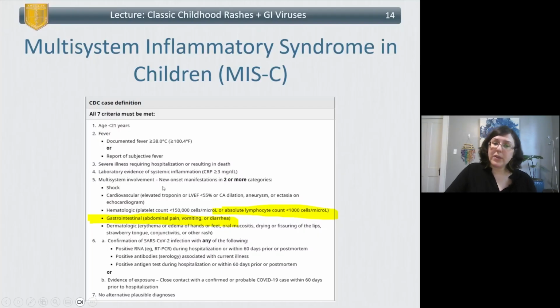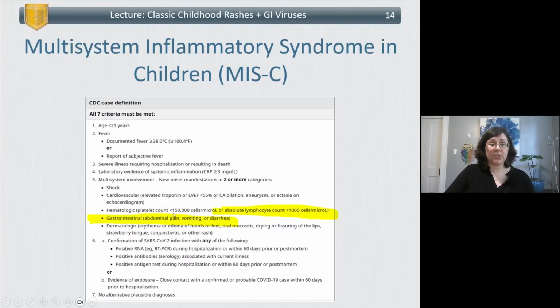And then this one is really important. You need to have multi-organ system involvement, at least 2 or more organ systems. That can include vascular, so shock; cardiac or cardiovascular, which can be a coronary artery dilation, similar to what we see in Kawasaki, but also you can see other findings as well, including just an elevated troponin.